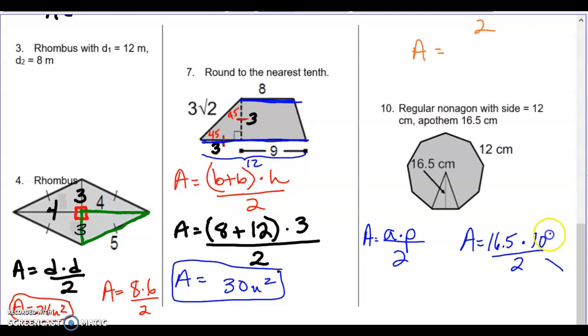So 108 will be a perimeter, right? So 12, 12, 12, all the way around here. So whatever that ends up giving us as we multiply that out. So 16.5 times 108 divided by 2.